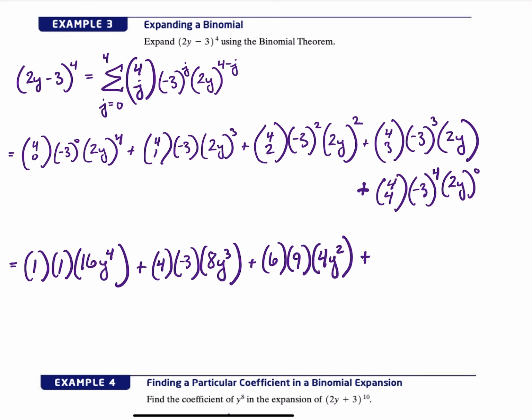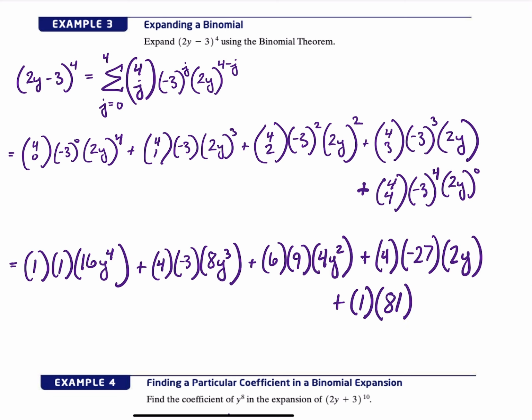Then we will have 4 choose 3 should be equal to 4 times negative 3 cubed. So negative 3 squared is positive 9 times another negative 3 should give us negative 27. Then times 2y to the 1st power. Then our last term is 4 choose 4, which is equal to 1, times negative 3 to the 4th power, which is equal to positive 81, times 2y to the 0 power, positive 1.